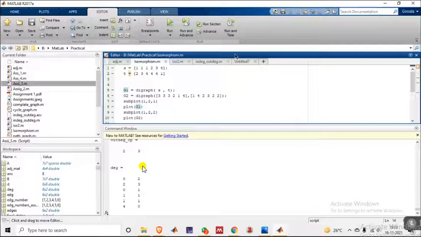Same degree sequence and same number of circuits of a particular length. These are the 4 things: equal number of vertices, equal number of edges, same degree sequence, and same number of circuits of a particular length. If all these 4 properties are satisfied between 2 graphs, you can say graph 1 is isomorphic to graph 2.